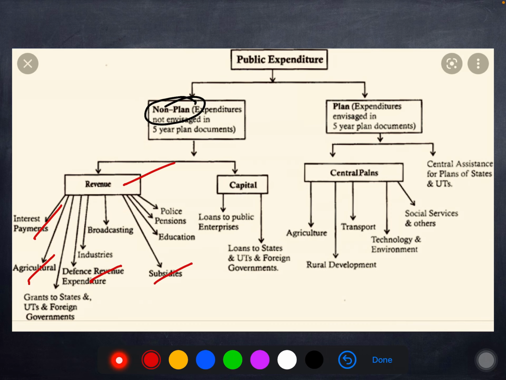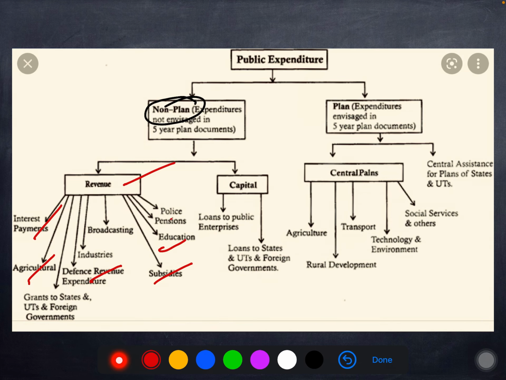Subsidies are an important policy instrument which aim at increasing the welfare of the economy. Apart from providing implicit subsidies through underpricing of public goods and services like education and health, the government also extends subsidies explicitly on items such as exports, interest on loans, food and fertilizers.